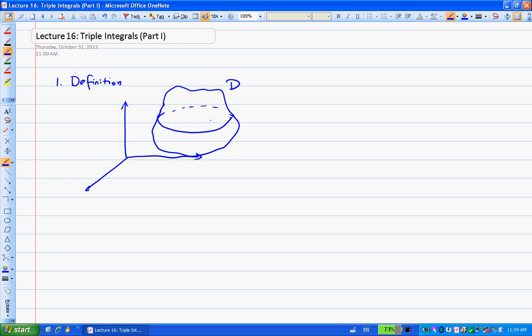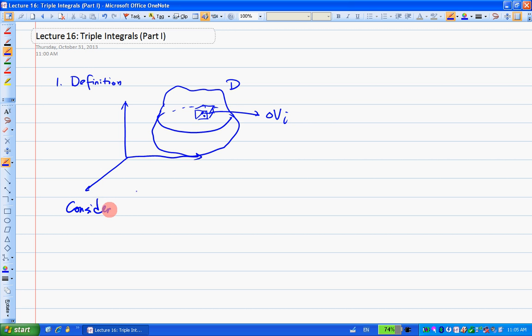So if I pick any point inside this region D, let's say I have a small volume around that point. Let's call this small volume delta Vi.